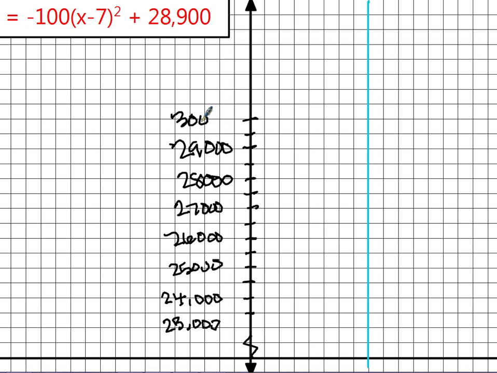I think that's probably high enough. And down here, we're just going to go by ones. So I'm just going to have 1, 2, 3, 4, 5, 6, 7.